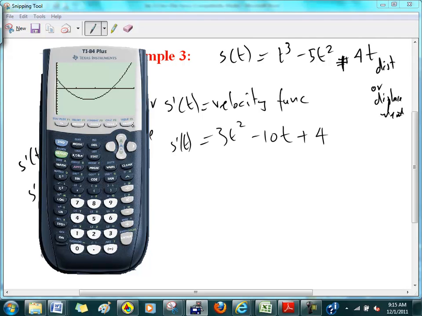Notice that this is the velocity function. Everybody get the same graph? I've changed my x-min to 0 because x is really t, and time cannot be negative, and I made my x-max 4.